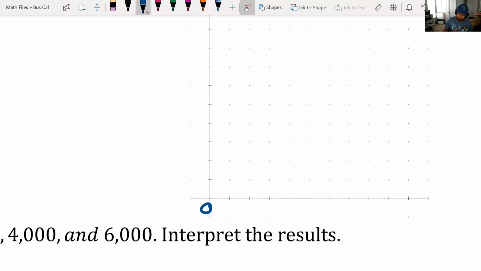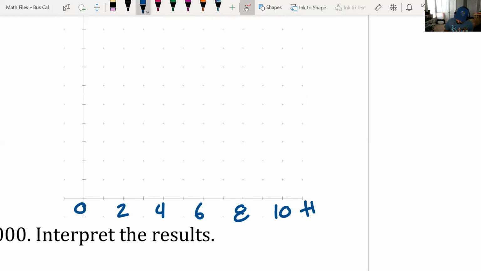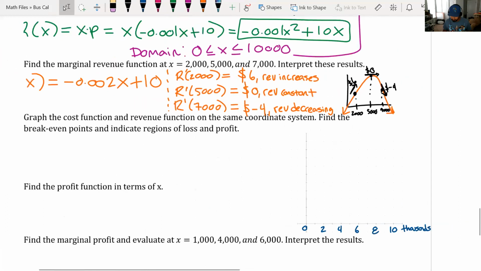We can go by 2,000s. 2, 4, 6, 8, 10. And just make note that this is in the thousands. Y values, we'll get there in a second. We'll look at the graph I'm about to do.